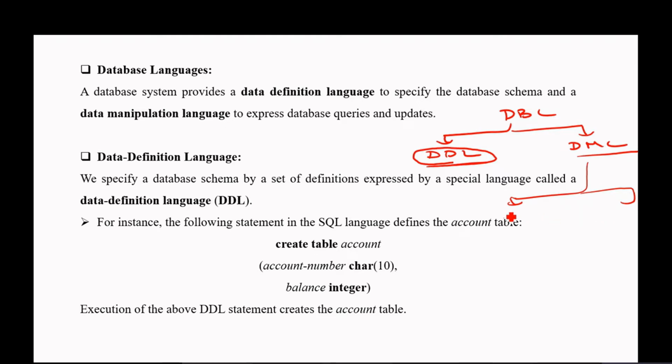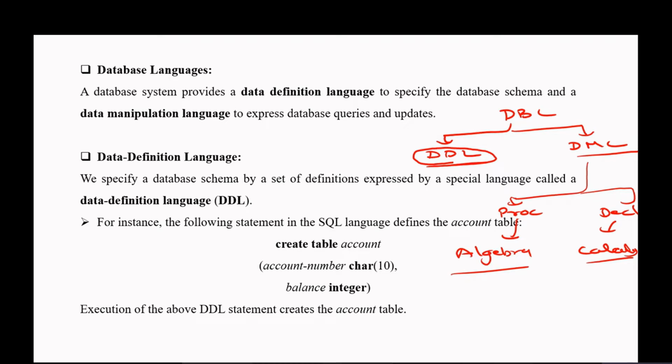Let me write it in short form: procedural, and the second category is declarative. If you are talking about procedural, it means you are talking about relational algebra, and declarative means you are talking about relational calculus. First we will cover algebra and calculus, then we will move on to SQL.